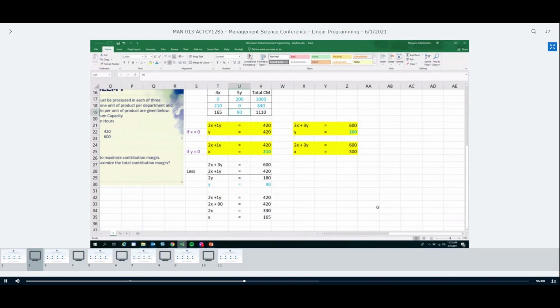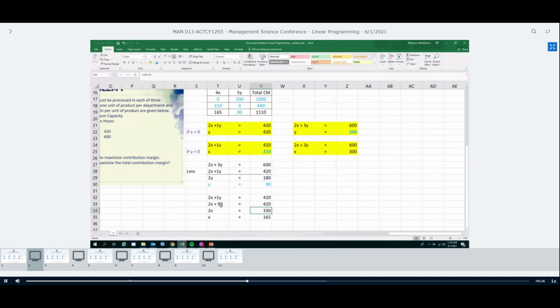So, meron na tayong value ng y. Substitute na natin yan dito sa equation na to. So, that's 2x plus 1y. Again, yung y natin is 90. So, 1 multiplied by 90. So, that's 90. So, therefore, 2x plus 90 is equals to 420. 2x is equals to 330.